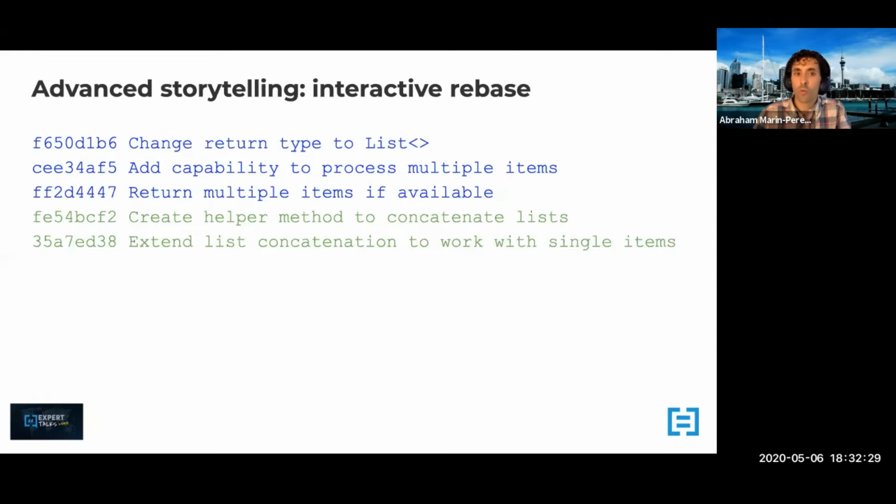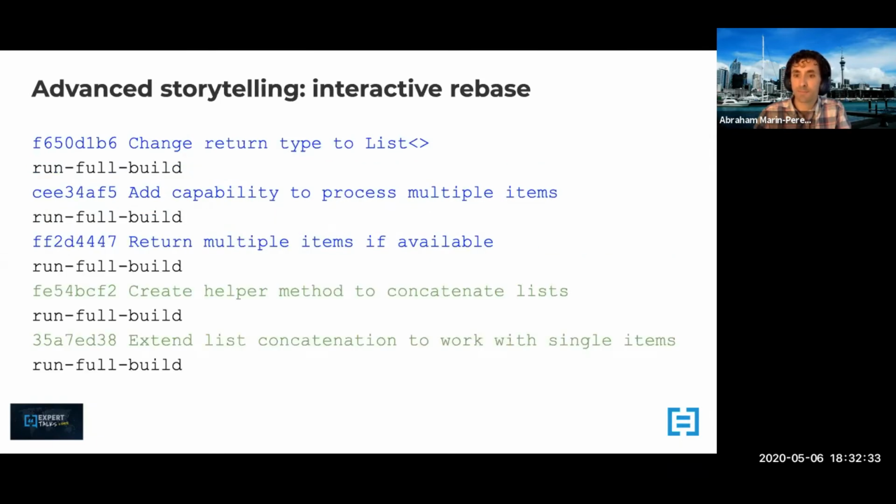So when I want to do this, what happens is something like this. Git is going to apply my first commit and then run the build. Then it's going to apply my second commit and run the build. And then it's going to apply the third commit and run the build. If at any point the run fails, then Git is going to stop and say, sorry, that commit is broken.